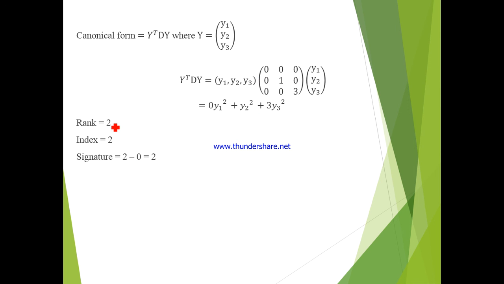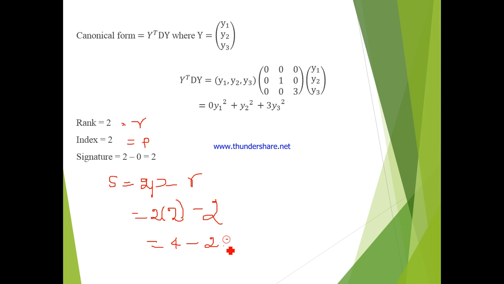Rank is R, index is P, signature is S. S is equal to 2P minus R, which is 2 into 2 minus 2, so 4 minus 2 is equal to 2.